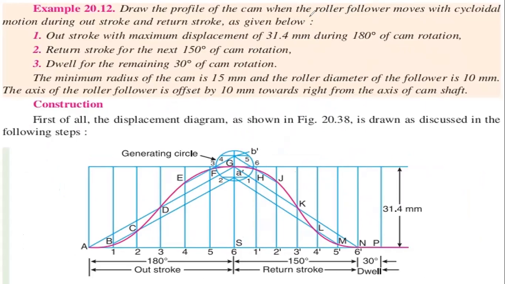So they have given the follower type as the roller follower moving with cycloidal motion during the outstroke and the return stroke, and the following has been given.